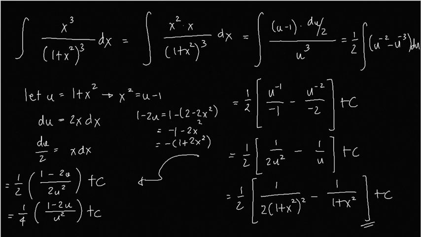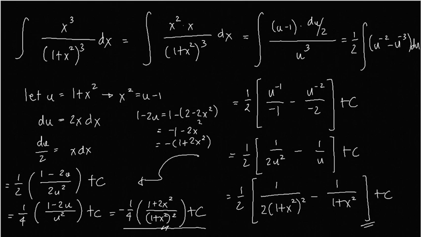So you can replace it here by means of 1/4 times 1 minus 2u is negative of 1 plus 2x squared all over u squared, which is 1 plus x squared, the quantity squared, plus c. So it's up to you kung paano mo siyang isusulat, but they are both acceptable answers.